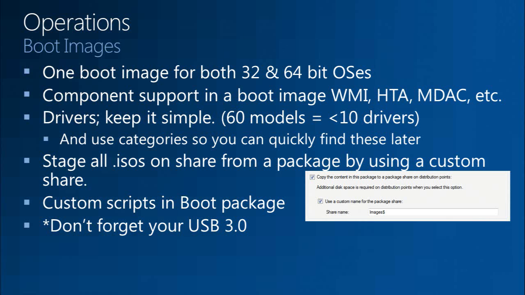They've got a new functionality built into the package properties in Config Manager 2012 that allows you to copy the content directly over to a share. And in this instance, we have an images$ share, and that content will automatically get shipped out. It just makes it a little bit easier, with a lot fewer steps to getting our ISOs out to each one of our Config Manager servers.